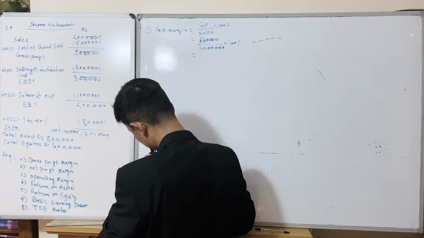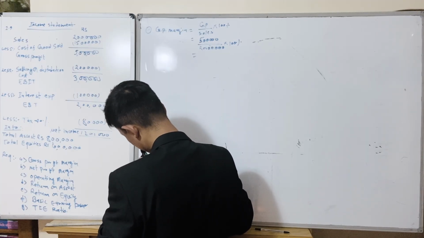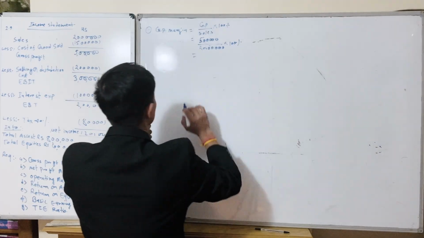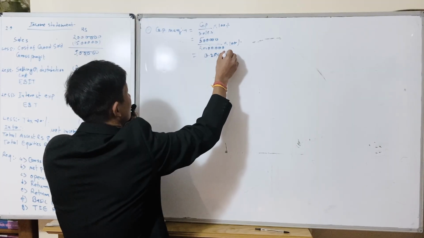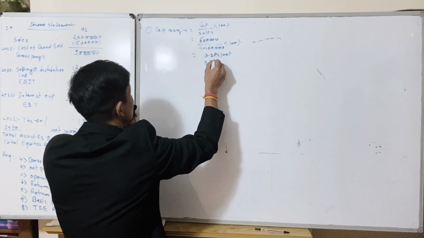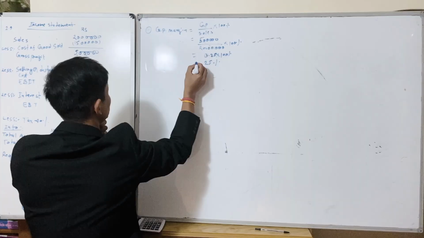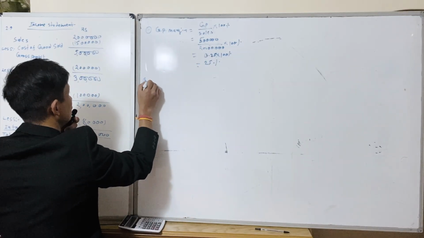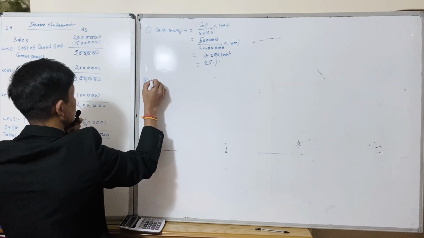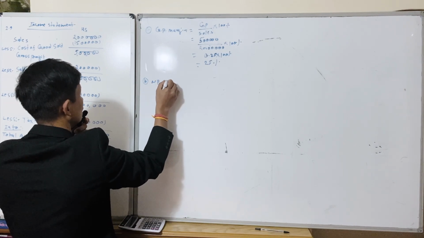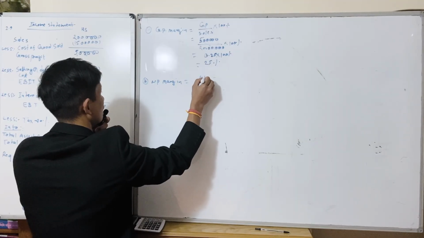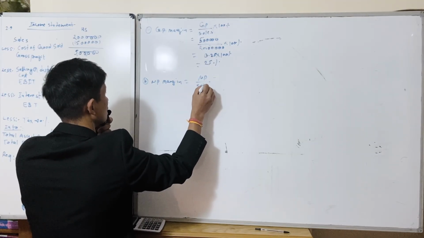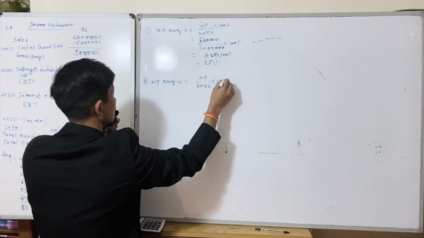Then we get 5 lakh divided by 20 lakh, so we get 0.25, multiplied by 100 is 25% GP margin. Let's calculate the net profit margin. For this, the formula is net profit divided by sales multiplied by 100.